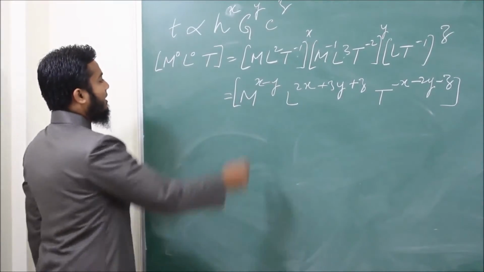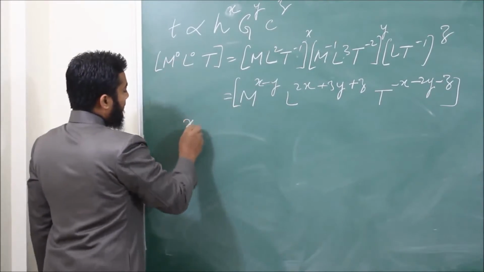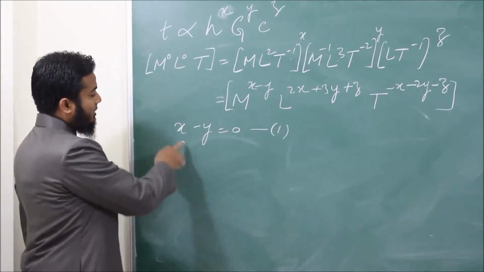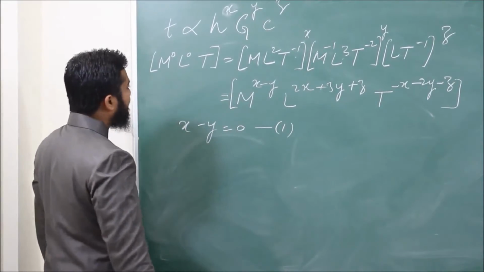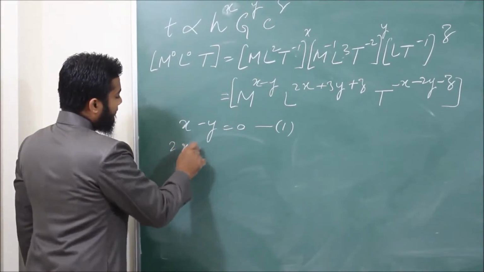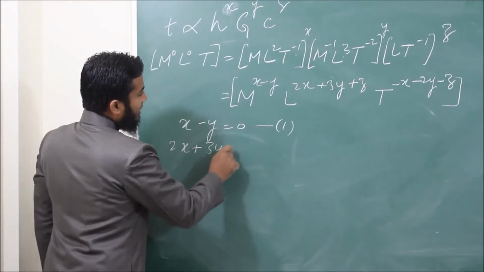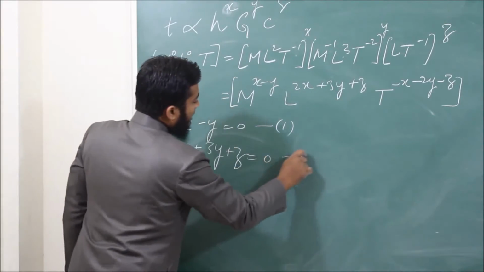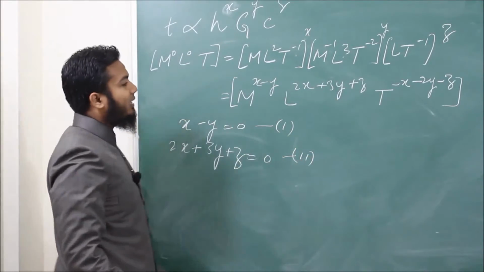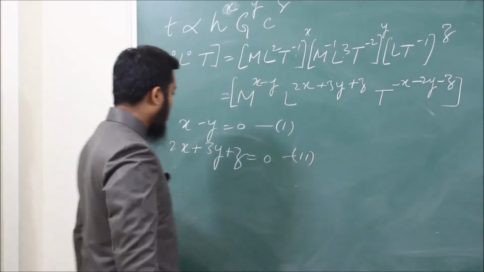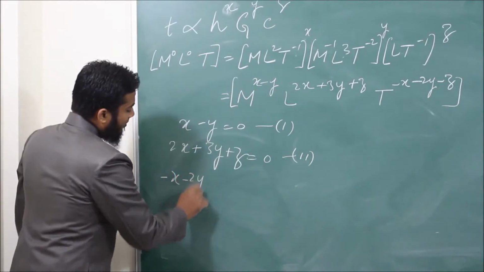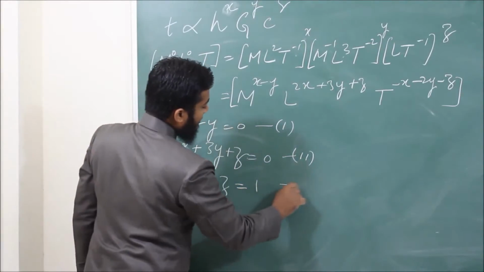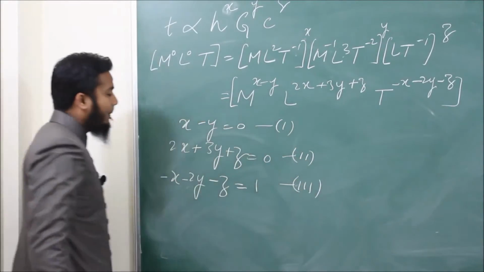So x minus y will be 0, equation 1. You can see from here x and y will be the same. Then 2x plus 3y plus z will again be 0, second equation. And then minus x minus 2y minus z will be equal to 1, the dimension of time on the left hand side.